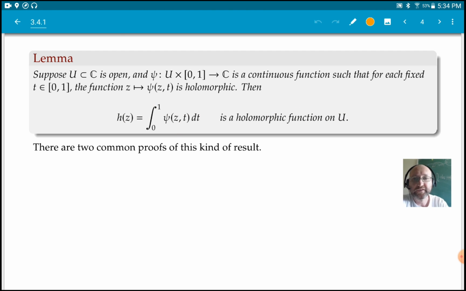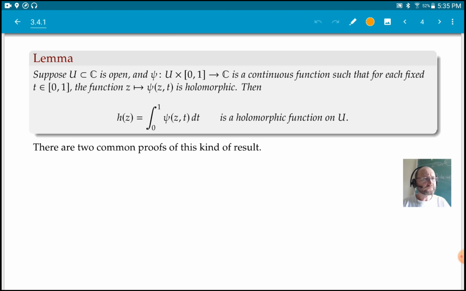All right. So there's really two common ways of proving this, because for holomorphic functions, you can think of them as satisfying a certain differential equation, which is sort of the common way of thinking about it, or they satisfy a certain integral equation using Morera.